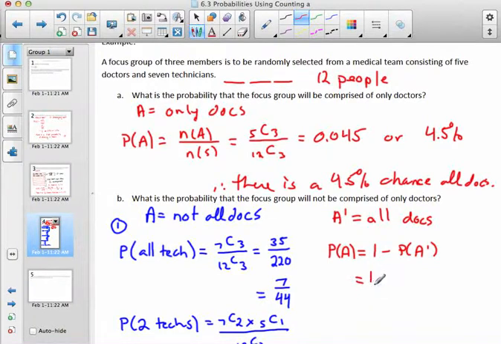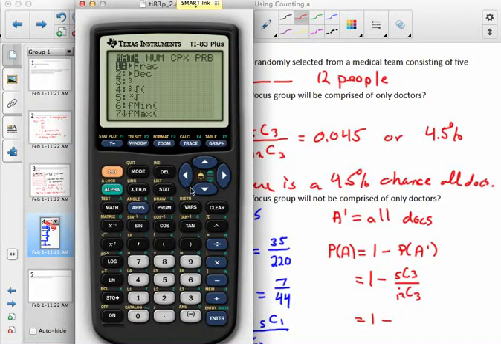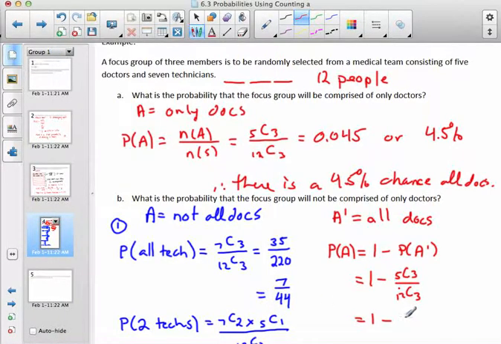And so 1 minus, now we already decided that the probability of having all doctors, this is the nice thing about doing this question first, was 5 choose 3 divided by 12 choose 3, which is 1 minus, 12 choose 3, which is 220.